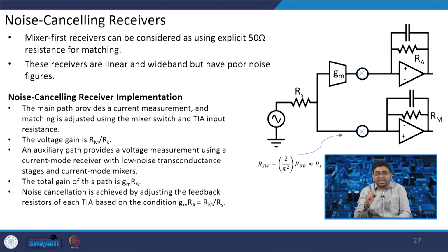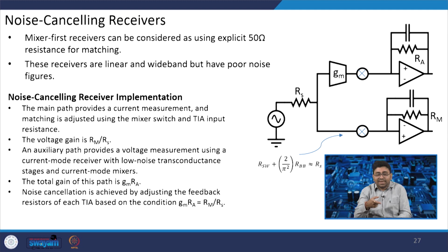So this is a noise cancelling receiver. So in a noise cancelling receiver, the mixer first receiver can be considered as using an explicit 50 ohm resistance for matching, and these receivers are linear and wideband but have a poor noise figure.